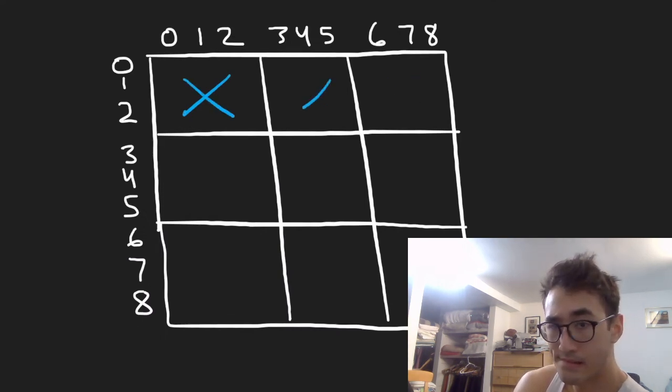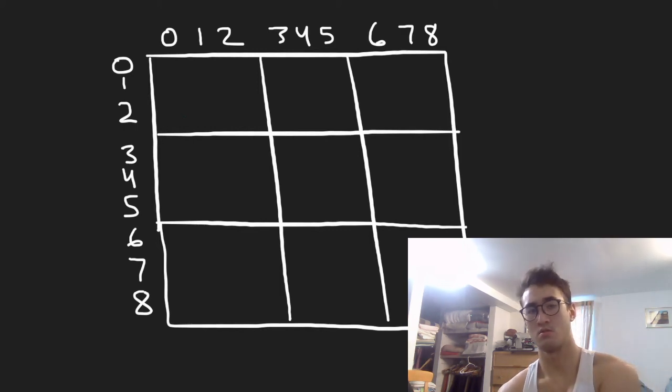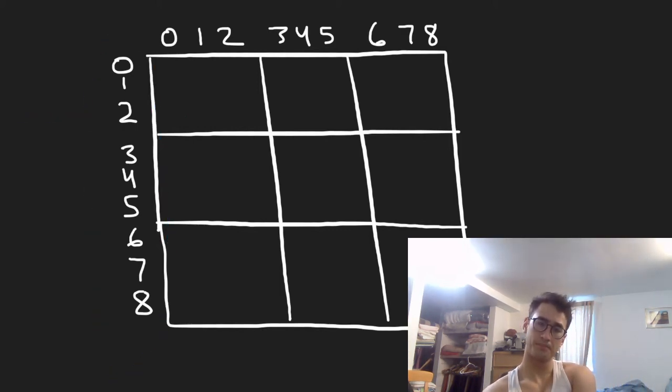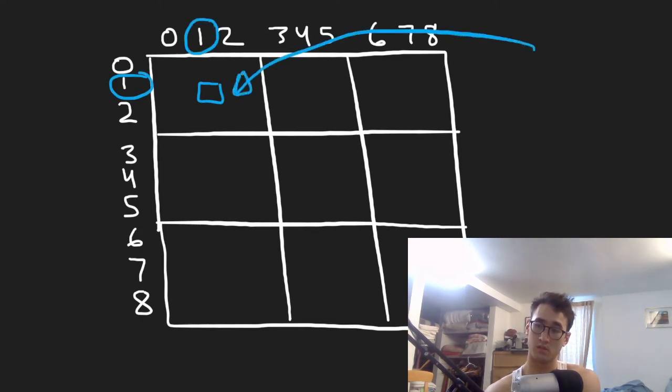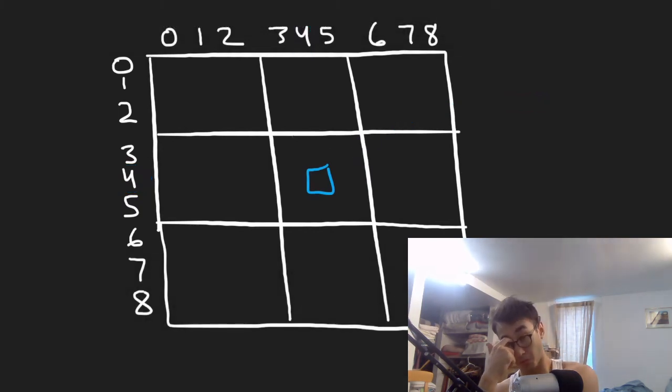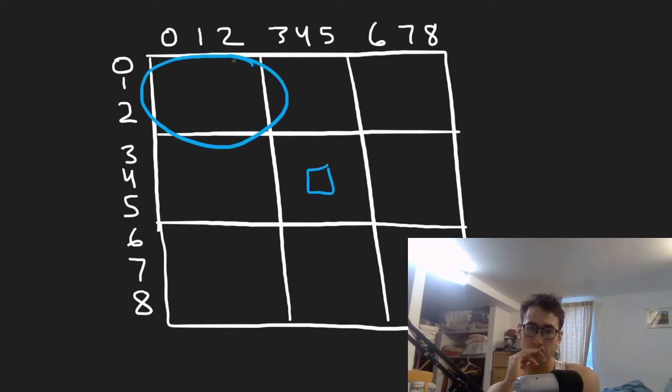But how do we know, for any particular value, which grid it's in? I have labeled the indices: this is going to represent the row, and this is going to represent the column. How do we know if a particular value, such as 1, 1, happens to be in this 3x3 grid, and how can we differentiate the grids? Notice how each of these subsquares is 3x3.